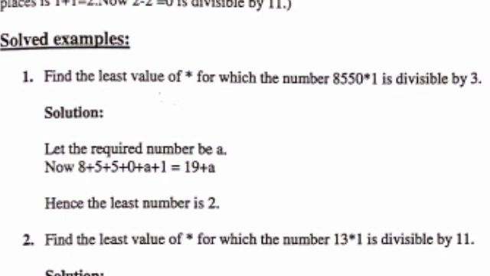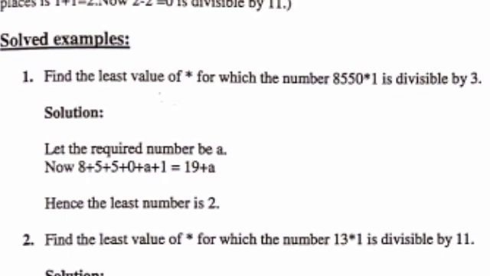That means we have to add 2 to 19 to get 21, because 21 is the nearest number to 19 which is divisible by 3. So 19 plus a should be 21. If 19 plus a is 21, then a is equal to 21 minus 19, which is 2. That means the value of star is 2.